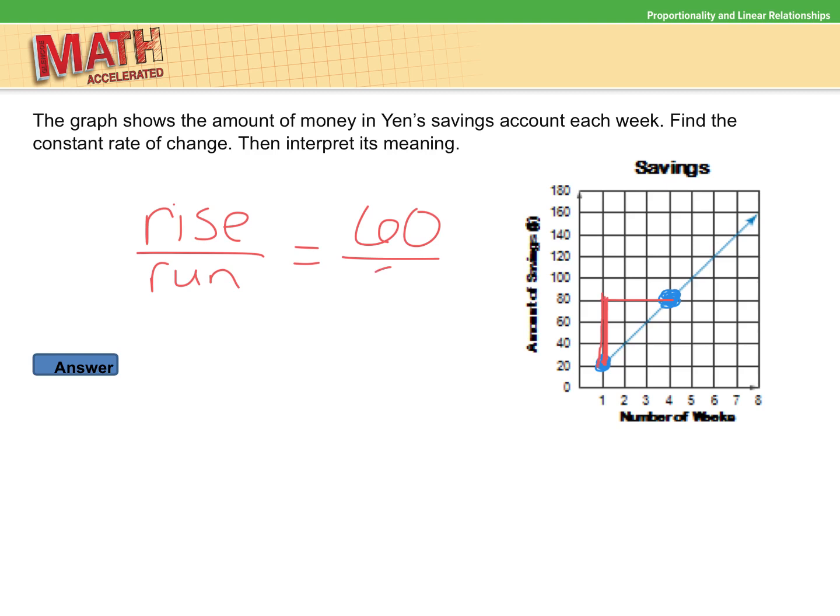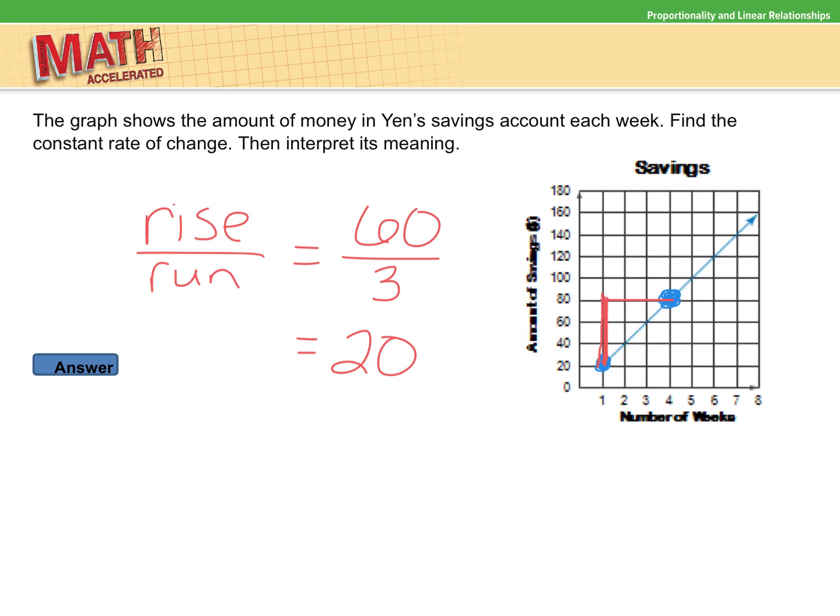So our run is 3. That's 60 over 3. That's our slope. Can I simplify that? Yeah. To what? What's 60 divided by 3? 20. It is 20. Okay, so our slope for this line is 20. Yes, simplify always.